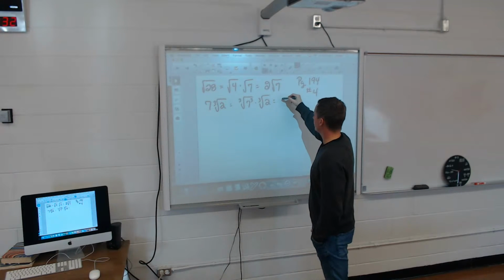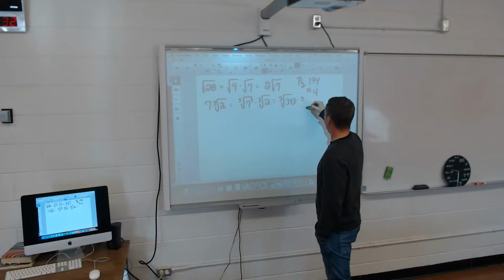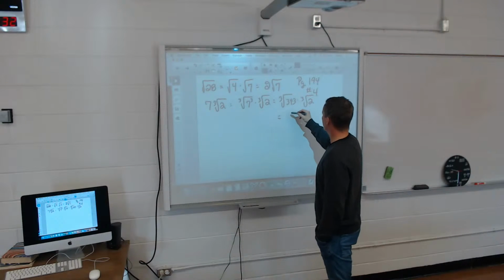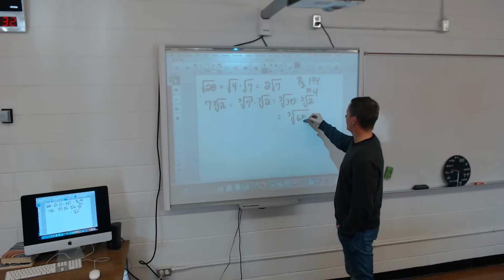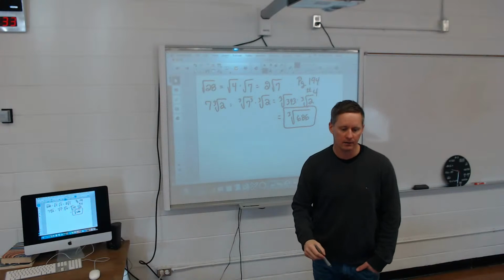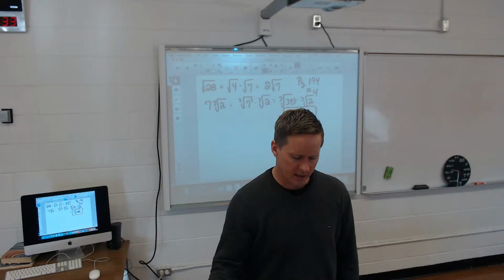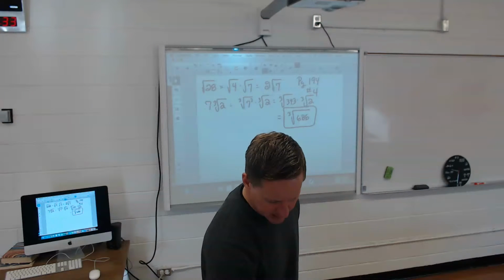So that's cube root of 343 times the cube root of 2 equals the cube root of 686. So you would consider that a like radical. So that's all that number 4 is doing, is working both ways as far as I can see.